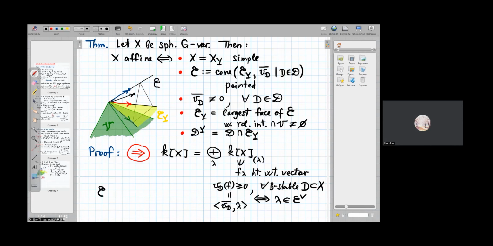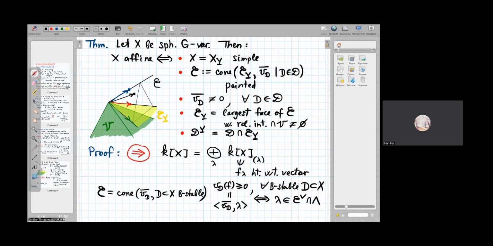So here C is the cone spanned by all v_D bars, where D runs over B-stable prime divisors in X. So let me say again, these inequalities for all D mean exactly that λ sits in the dual cone of this C. Let me also add that it should be a lattice vector, of course.